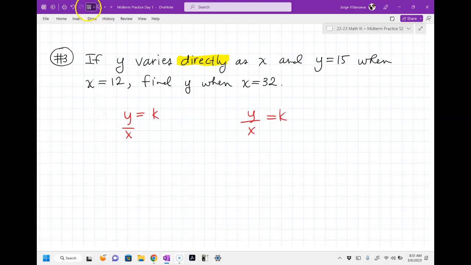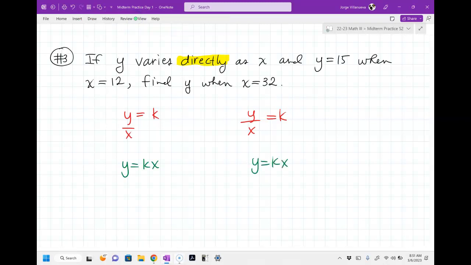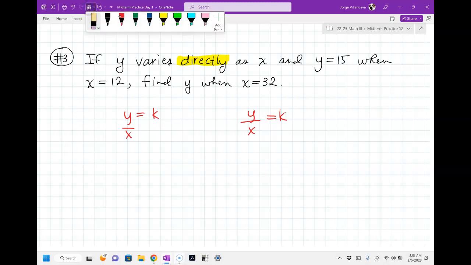The way I learned it when I was in high school, my teacher gave it to us like this. Sometimes that's better. Sometimes the red one's better. It just kind of depends. Your books like it the way it is in red, so that's what I want to stick with. So if something varies directly, then that's the formula you're going to use.